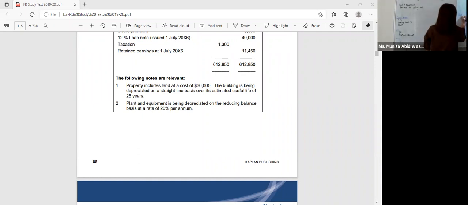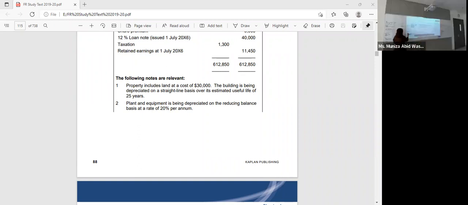Depreciation on property. Property cost is 150,000. Out of it, we are going to eliminate the element of land, 30,000. Remaining is 120,000. And on this remaining 120,000, we are going to take the depreciation.